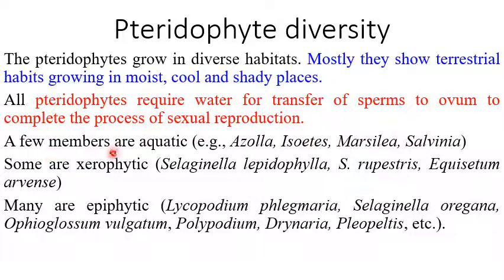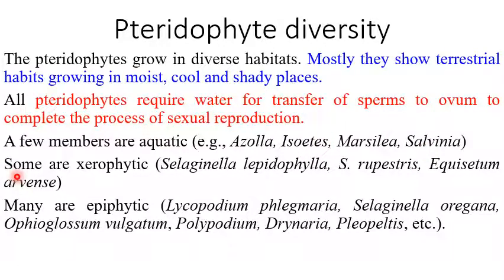A few members are aquatic. These are the examples: Azolla, Isoetes, Marsilea and Salvinia. These are four examples of pteridophytes which are aquatic in nature.